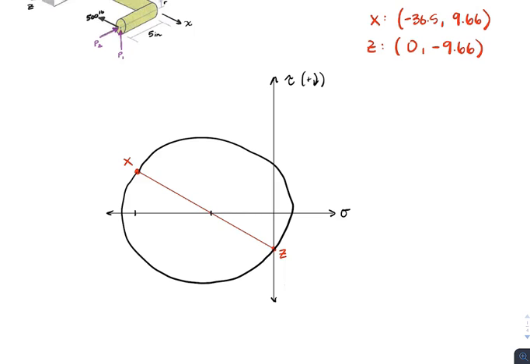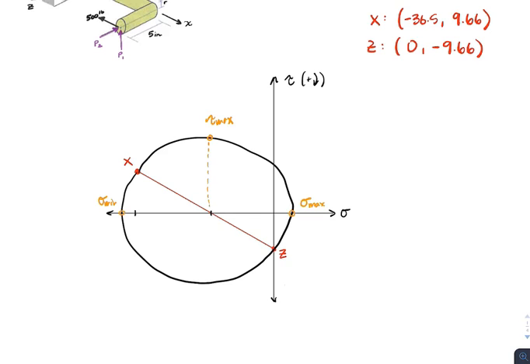So we're going to be interested in finding these 2 points that correspond to our principal stresses. This is going to be sigma max, and over here is sigma min. We're also interested in finding the maximum shear stress, which is up here, tau max. Tau max is right over the center.